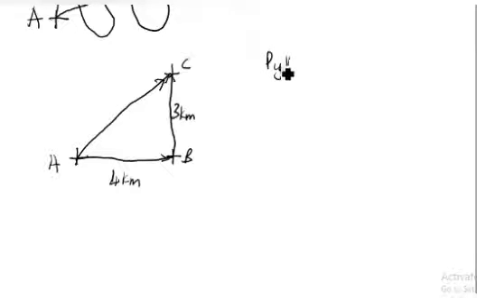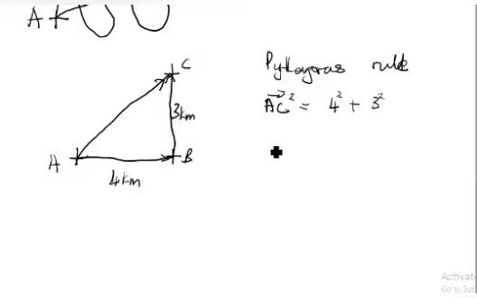By Pythagoras rule, and the rule states the hypotenuse squared is equal to the sum of the squares of the two adjacent sides. So here let's use line AC. AC squared will give me 4 squared plus 3 squared.